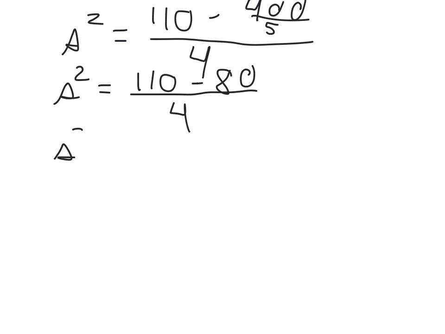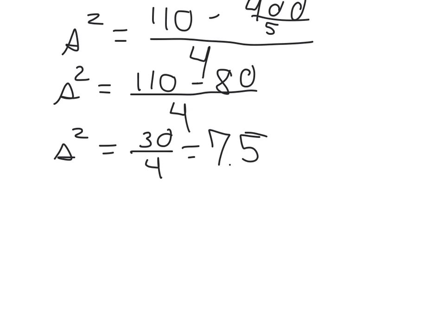Sorry, that should be a squared. And then s squared is equal to 30 over 4, and that should be 7.5. Okay, so our variance is 7.5, and we're happy with that.